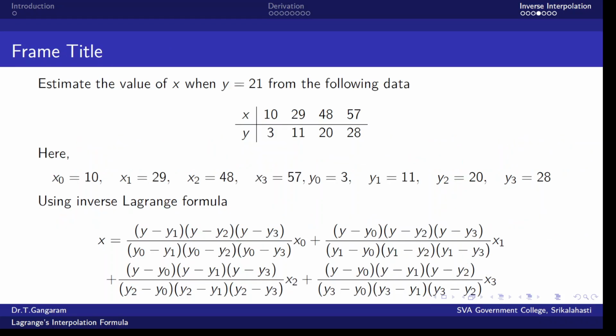Estimate the value of x when y is equal to 21 from the following data. Here we are given x0, x1, x2, x3 and y0, y1, y2 and y3. This is the inverse Lagrange's formula: (y minus y1)(y minus y2)(y minus y3), where we skip y minus y0, divided by (y0 minus y1)(y0 minus y2)(y0 minus y3), into x0, and likewise for x1, x2, x3.